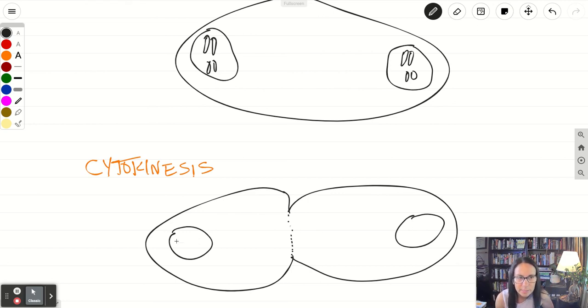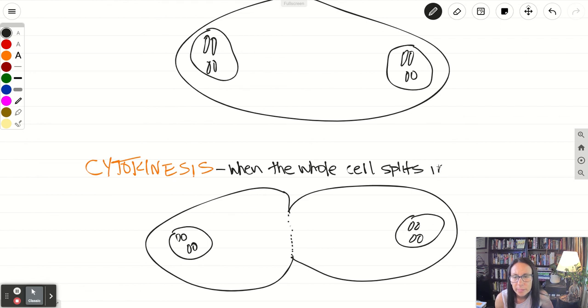Okay, so cytokinesis is the process of splitting the whole cell. So here are the 2 pairs or the 4 chromosomes. Okay, and so cytokinesis is when the whole cell splits into 2 identical cells.